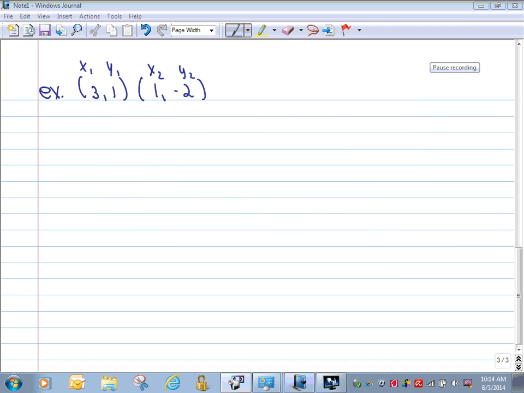All right, now we're going to use 2 points. I've already labeled them, our x1 and y1s and x2 and y2s, and we're going to find the equation of a line given these 2 points. To find the equation, we need 2 things. We need a point and a slope. We have 2 points, so we're going to be able to pick one. I'm just going to pick the first one as my point.